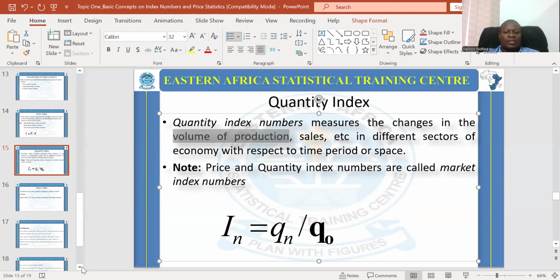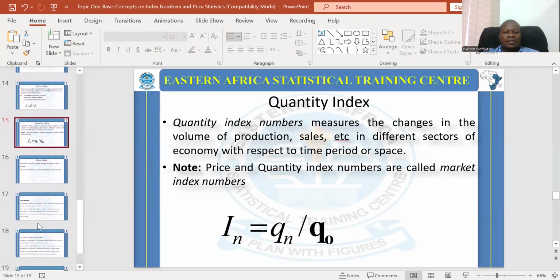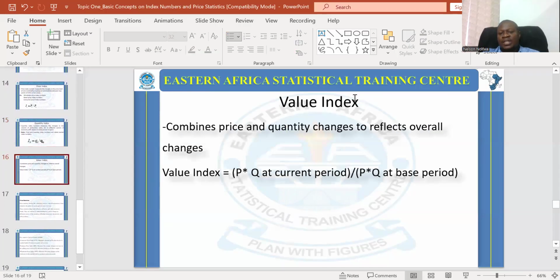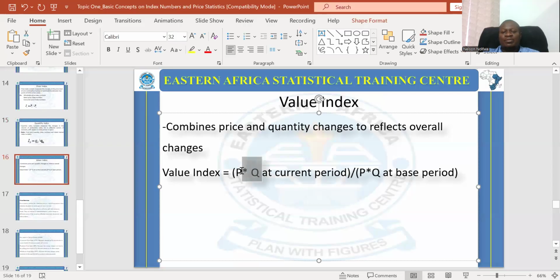And also you can compute the value index, which combines price and quantity. So it is the product of price and quantity at the current time, divided by price times quantity at the base period. So this is a summary of the index numbers.